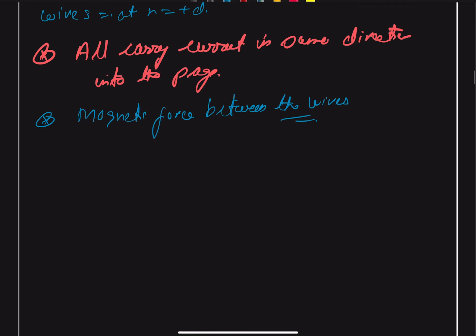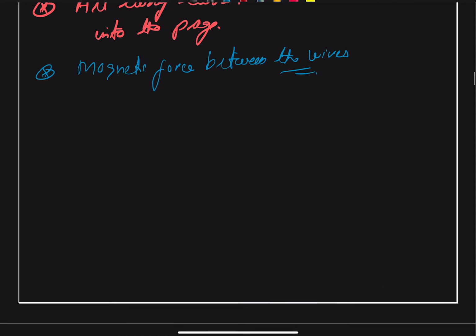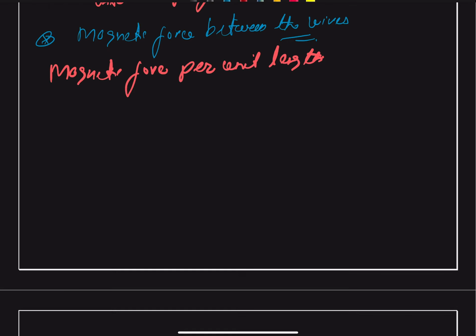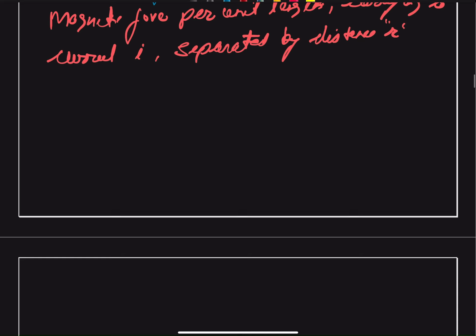The magnetic force per unit length between wires carrying a current I, separated by a distance r, we can write as F is equal to mu naught upon 2 pi I square divided by r.